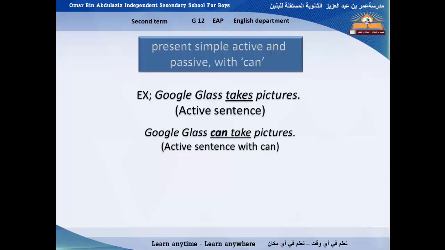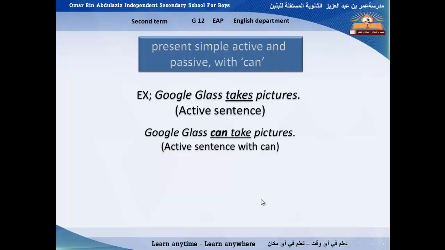Number one, the word can precedes the verb, and after the word can I must add the base form or the infinitive. I mean, we cannot say Google Glass can takes. This is not a correct sentence. I have to say Google Glass can take pictures. The base form must be after the word can.